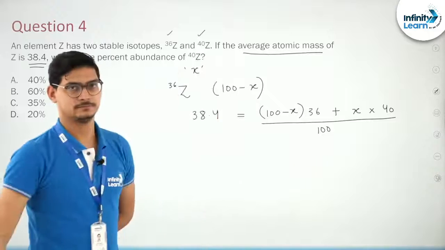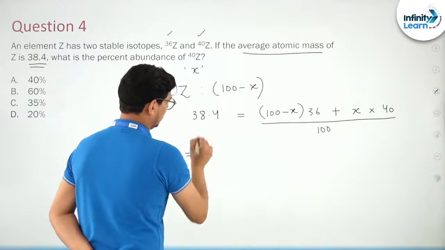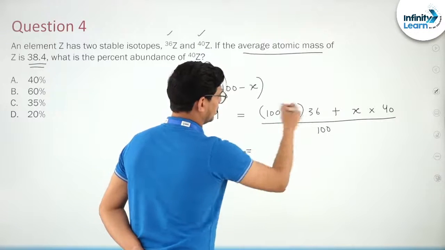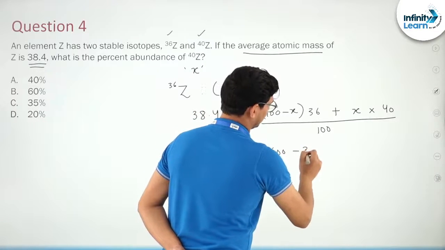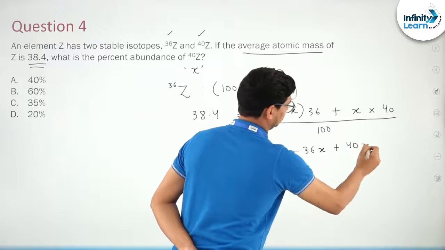Is that clear? Right? So when worked out, it is 3840, open the bracket, 3600 minus 36x plus 40x.